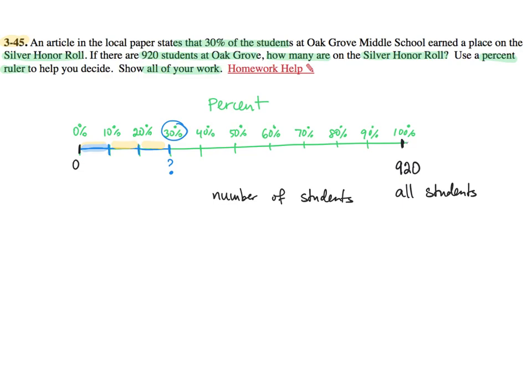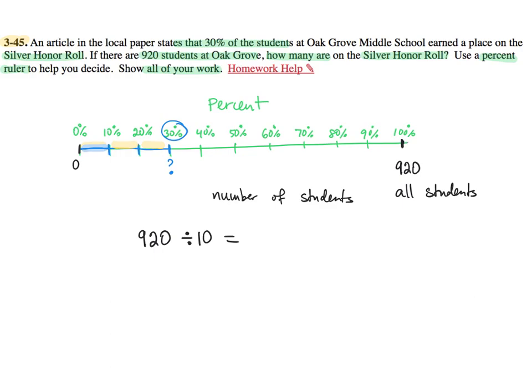So how do we find 10% or 1/10 of 100%, right? So our work will be, well, we have 10 equal pieces and 920 total students, so we're going to divide by 10 to get the information for the 10%.